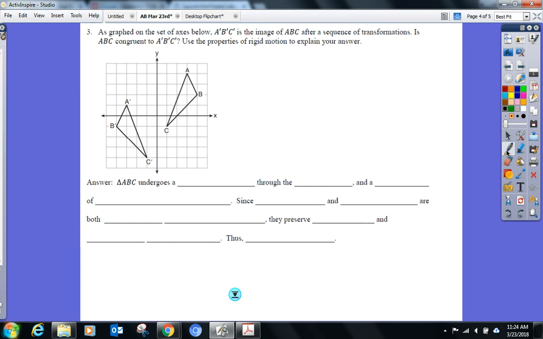How do I get ABC to A prime, B prime, C prime in 2 moves?